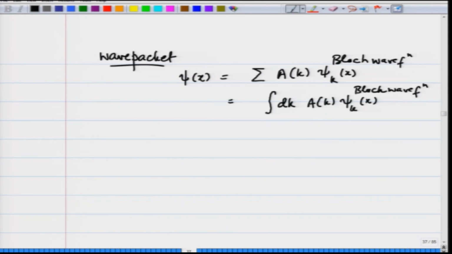So, if I want to have a well defined k which I want to check later, I should have this spread in k much less than 2 pi by a.